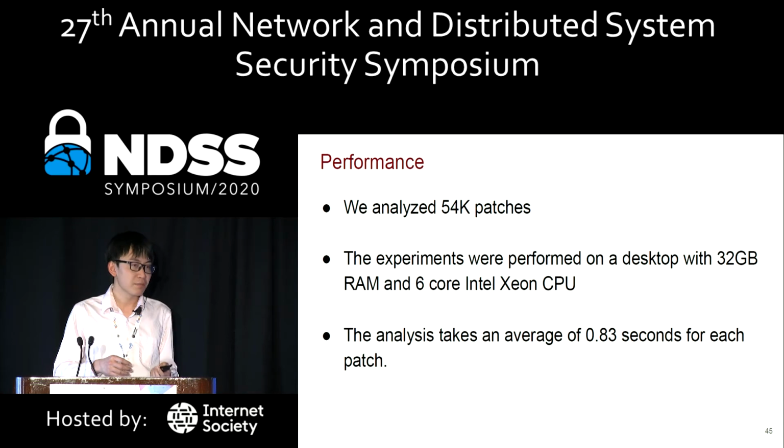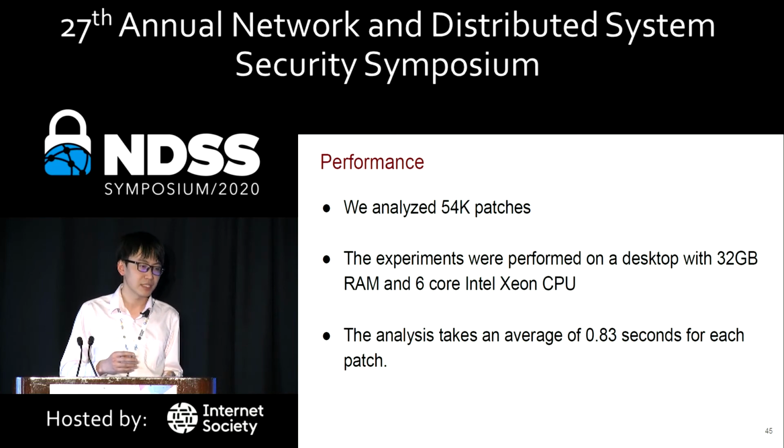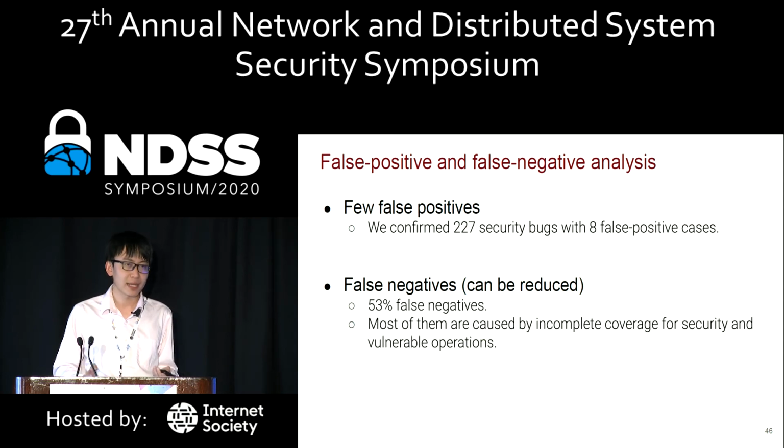In the evaluation part, we first evaluate the performance of our system. We evaluate 54,000 patches in the Linux kernel on a desktop machine and find that analyzing one patch takes on average less than 1 second. We also analyze the false positives and false negatives of our system.